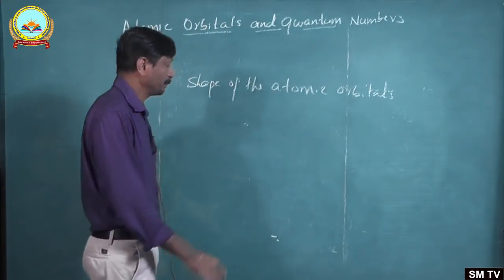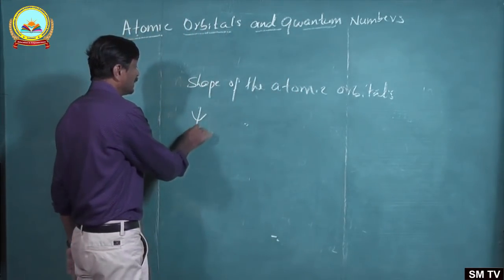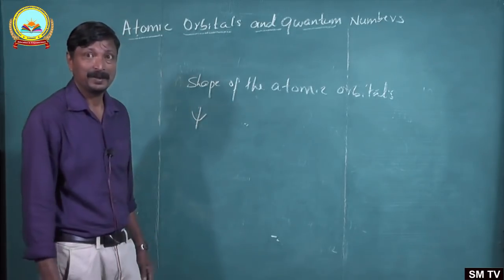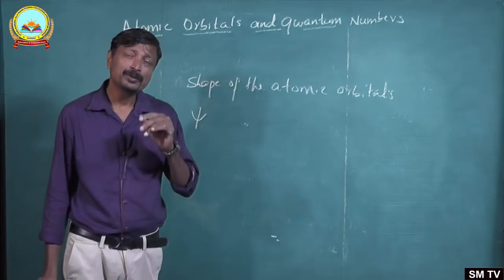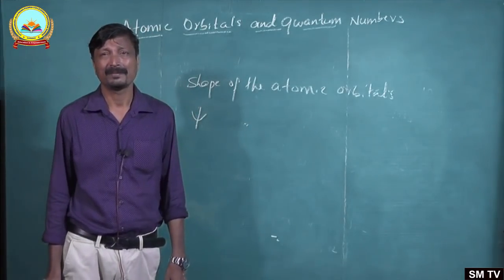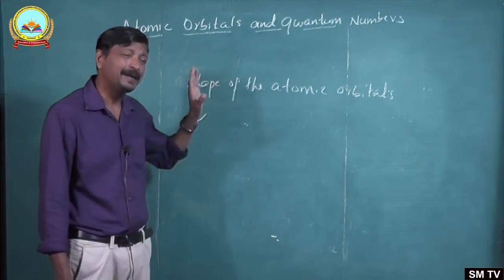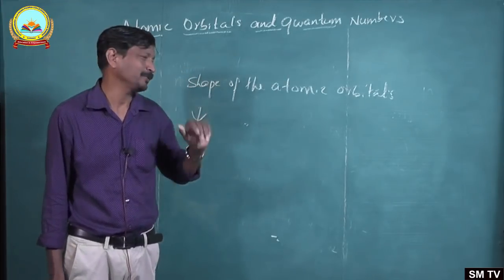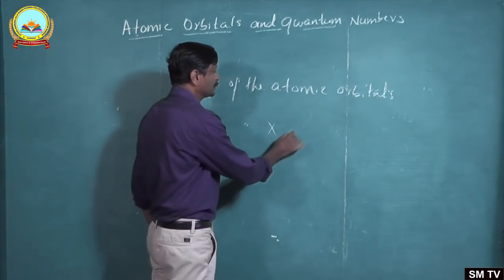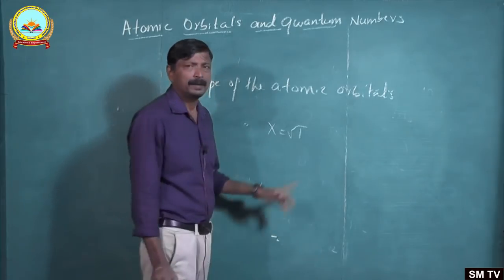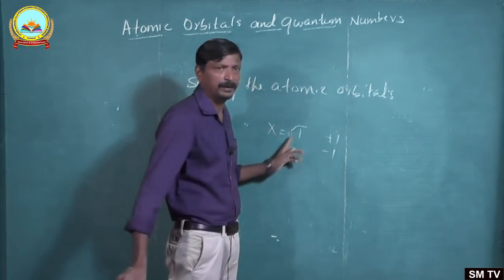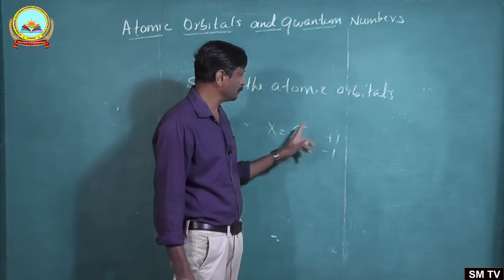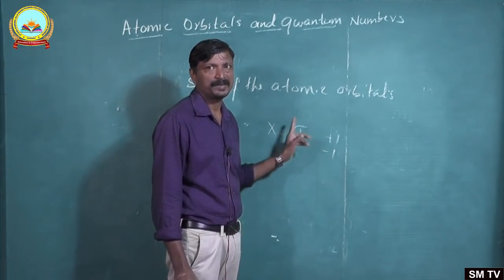Already we discussed, psi is a wave function. It is a mathematical function. It has no physical meaning. It is a function of that type of number. Suppose x is a function of the square root of 1, it has either plus 1 or minus 1 as its value, because plus 1 into plus 1 equals 1, minus 1 into minus 1 is 1.